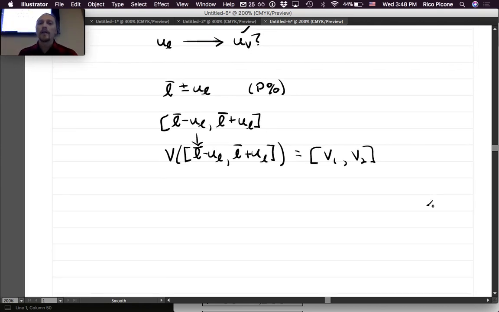Unfortunately, when the function that you go through is nonlinear, this doesn't come out symmetric about the best estimate.